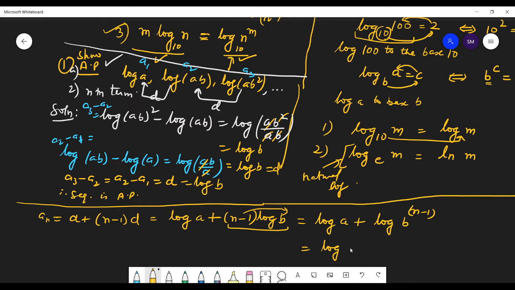Log A into B, log AB. So AB raised to the power n minus 1. Is it okay, students? So you have used all the formulas of log. Very good question. So you have found the nth term of the AP.